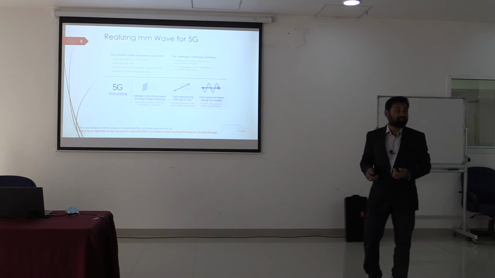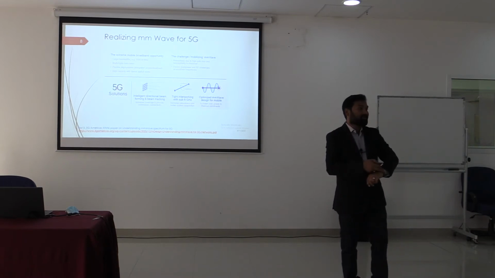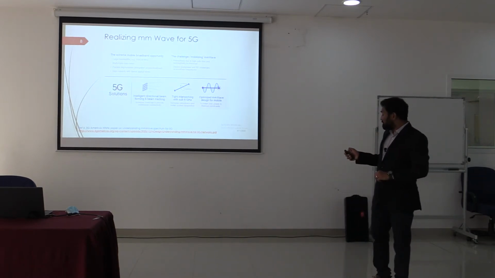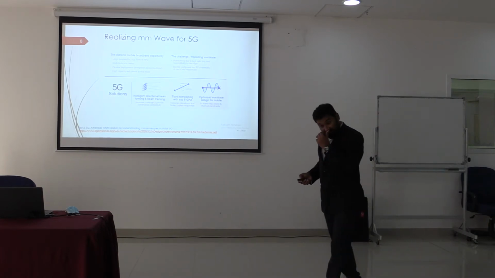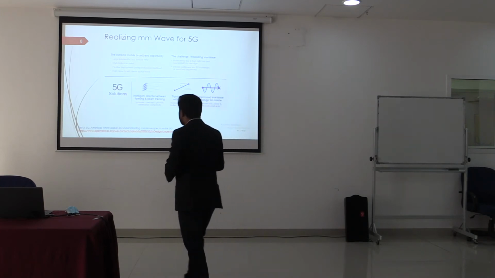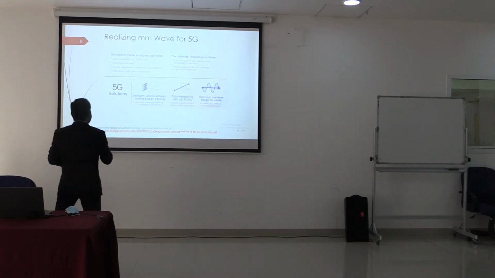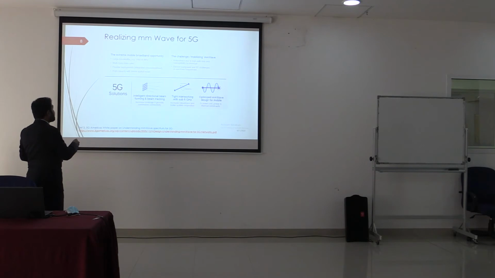Now let us enter into the theme of our presentation, which is realizing millimeter wave for 5G applications. As I already mentioned, there are pros and cons. We know the extreme mobile broadband opportunity: we have large bandwidth, hundreds of megahertz.